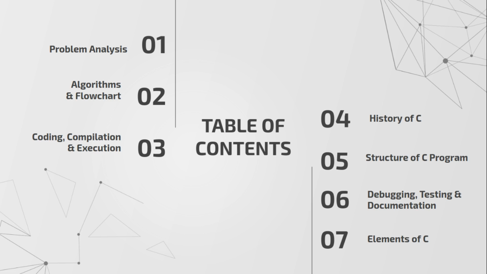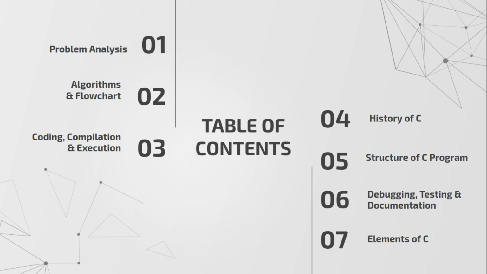So basically, on problem solving with computer, we have broken down the major topic into 7 subtopics. They are problem analysis, then designing algorithms and flowcharts, then coding and compilation and the execution of the code.